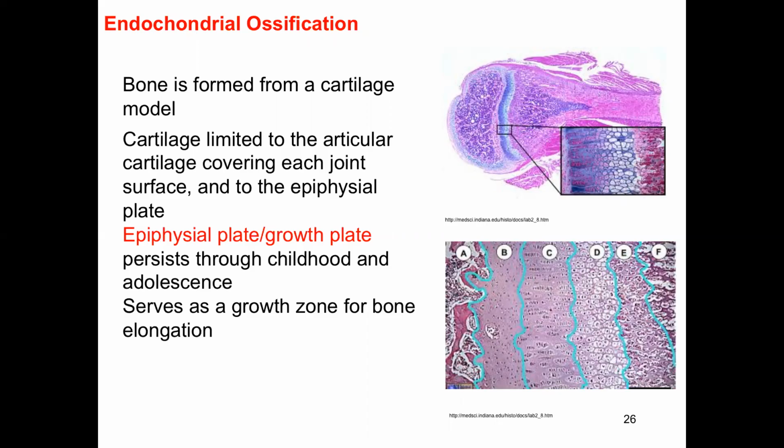In an adult, this kind of cartilage is limited to the hyaline cartilage, or the articular cartilage at the ends of the bone, or on the epiphyseal plates, which I'm going to talk about here. The epiphyseal plate, or the growth plate, persists through adolescence and serves as a zone of elongation using endochondral ossification.